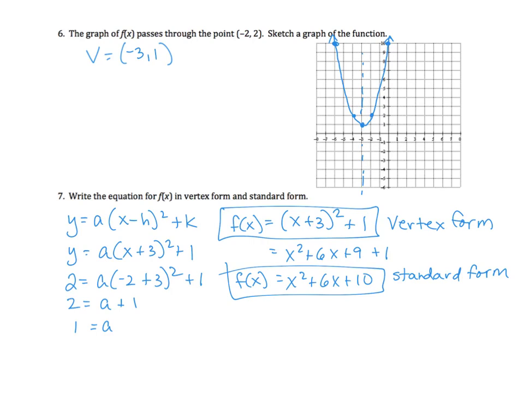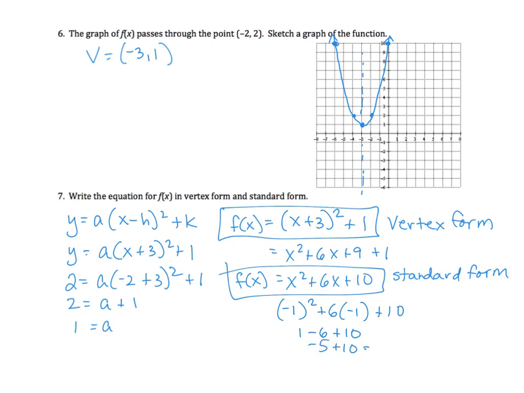Maybe I was off a little bit. Let's check. So let's see how accurate my drawing is. Let's see what y is if I plug in negative 1. So that would be 1 minus 6 plus 10. 1 minus 6 is minus 5 plus 10.